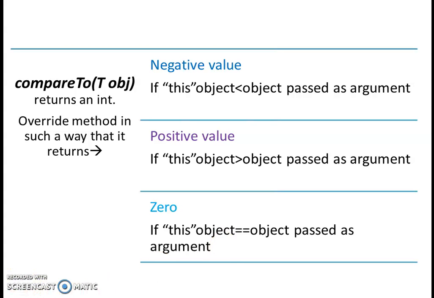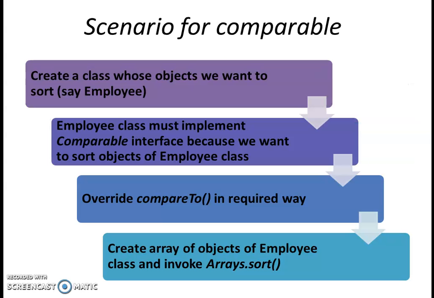Now before going to the implementation part, let's understand one scenario to implement the comparable interface. In this scenario, we are going to create a class whose objects we want to sort. So we are going to create a class named Employee. Next, this Employee class must implement the comparable interface because we want to sort objects of the Employee class.